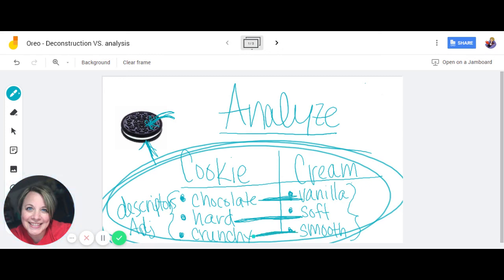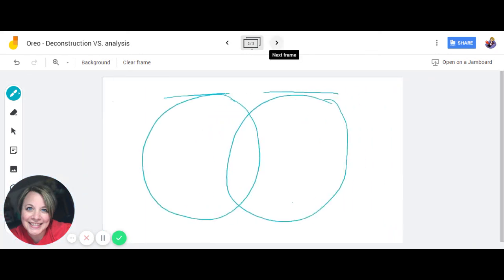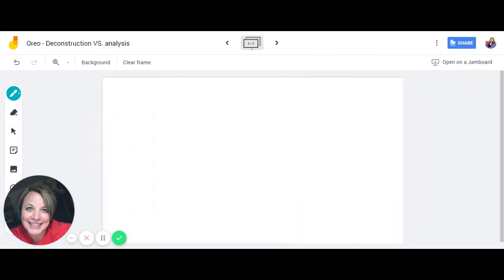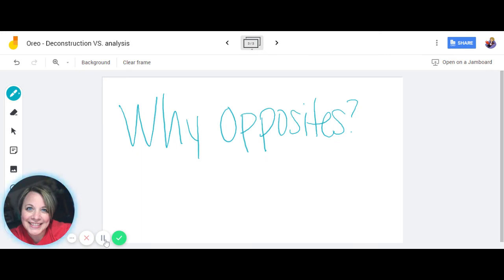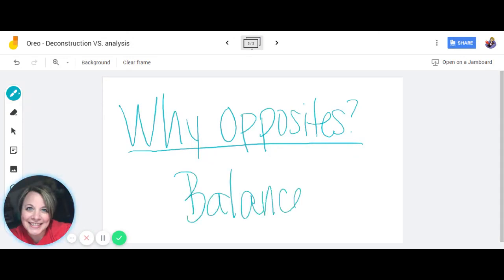Smooth and crunchy, opposites. Okay? So when we think about the cookie, right, we have opposites. We have the cream and the chocolate, and they are both opposite from the other. So why did the makers use opposites and ram them together in one cookie? Well, you get balance, right? You have this nice balanced taste with the cookie, all right?